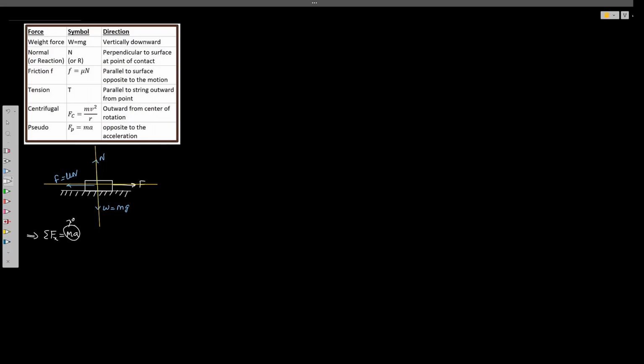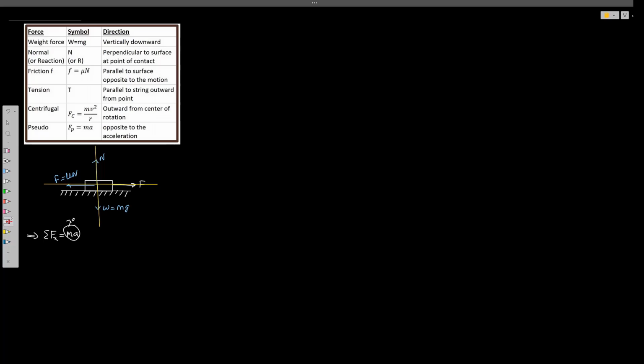In x direction, we will get sigma Fx equal to 0. With this practice, your plus minus problems will reduce. Let's take a convention. Positive x-axis means plus, negative x-axis minus, positive y-axis plus, negative y-axis minus.